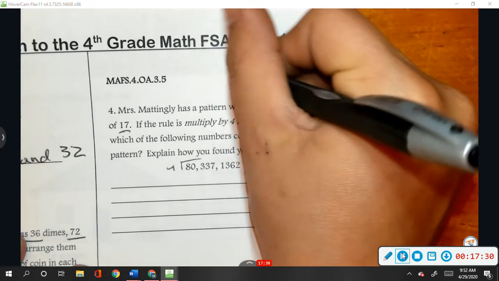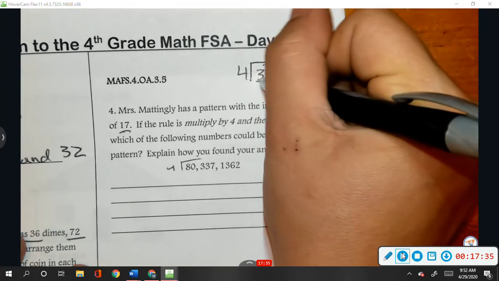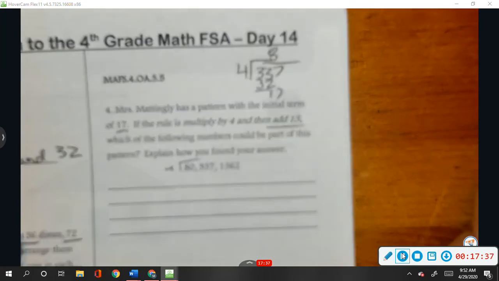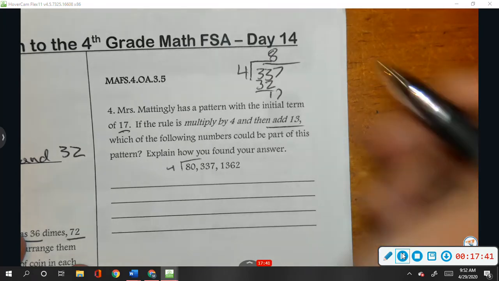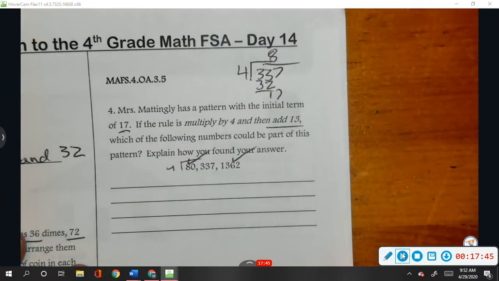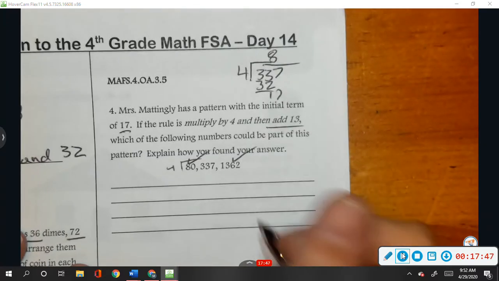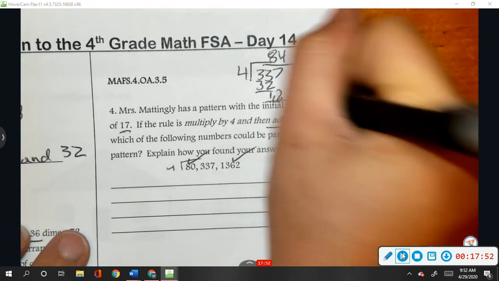So 4 divided into 337 would be what? That'd be 8, 32, and already I'm seeing a problem, right? 4 can go into 1362, and 4 can go into 80. 4 cannot go into 337. If we do, I would still have 1 left over.